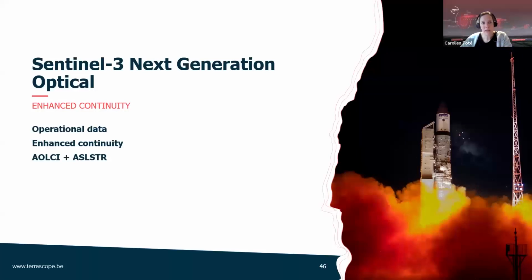They also plan an enhanced continuity. User needs, of course, are also evolving. So for example, the advanced ALSI, as they call it, will provide an increased number of spectral bands, more than the 21 we have now, and an increased spatial resolution. The detailed mission requirements are still being consolidated.